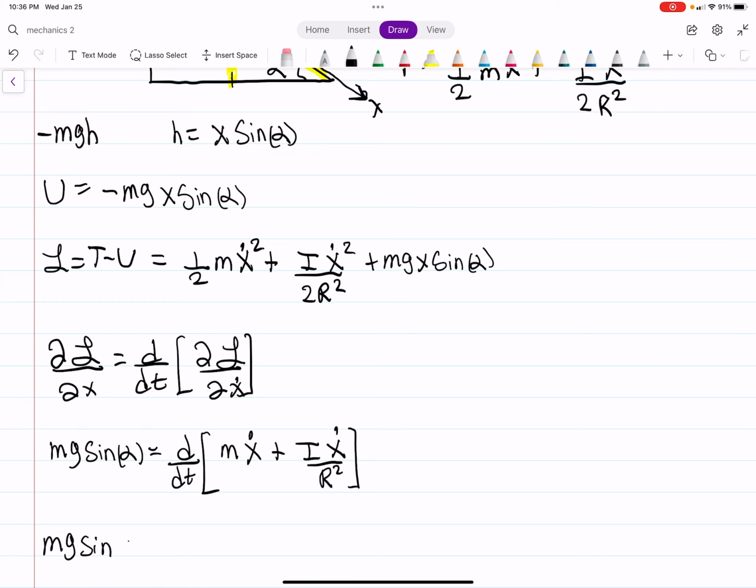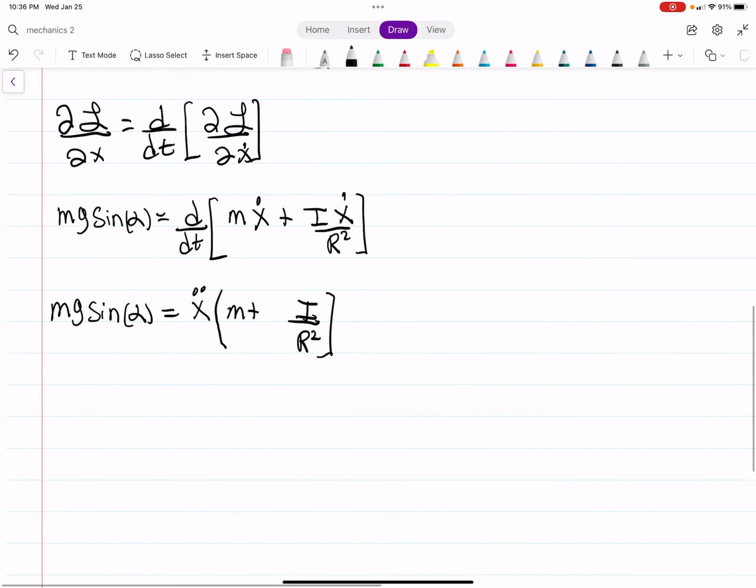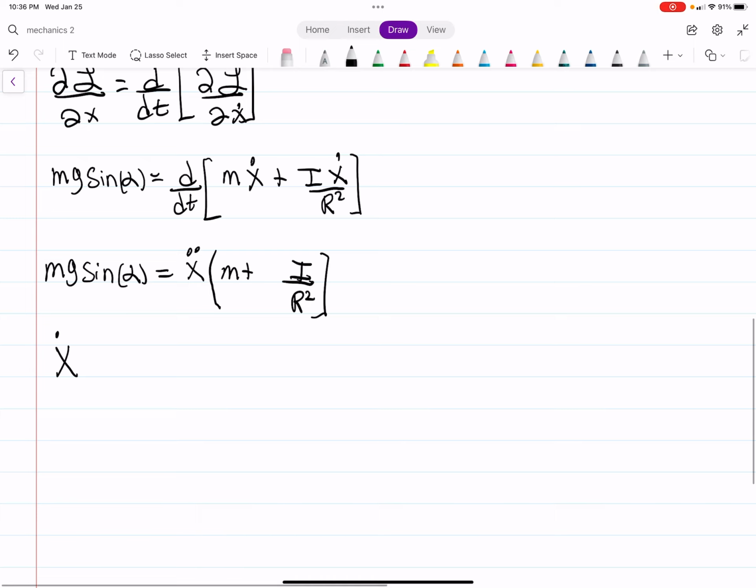And then taking the time derivative of those two terms gives us, I'll just factor out the x double dot, m plus I over r squared. Okay. And we can divide over to solve for x double dot, which is our acceleration. And this is your equation of motion.